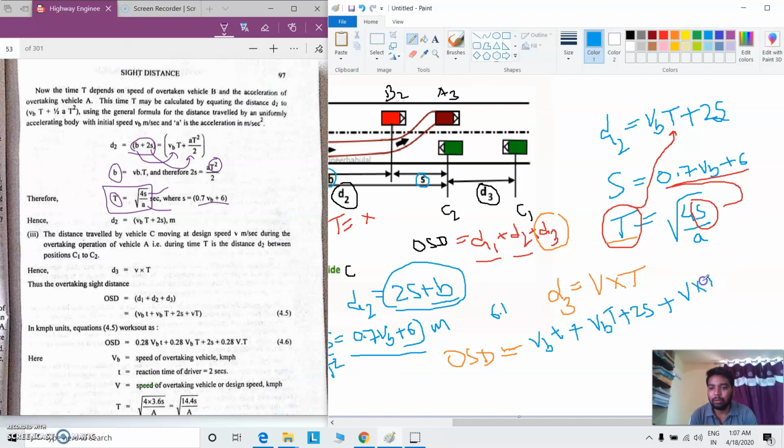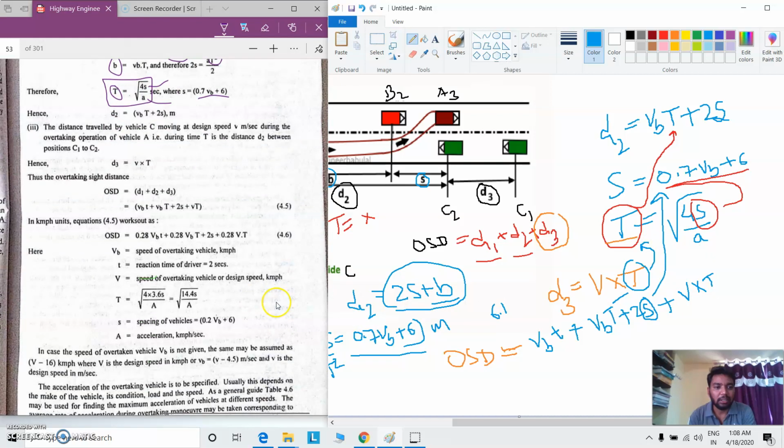This much is the formula that is considered here, and s is this one, and T is this one, and this T is the square root of 4s by a, right, and v into T, that is the same thing.